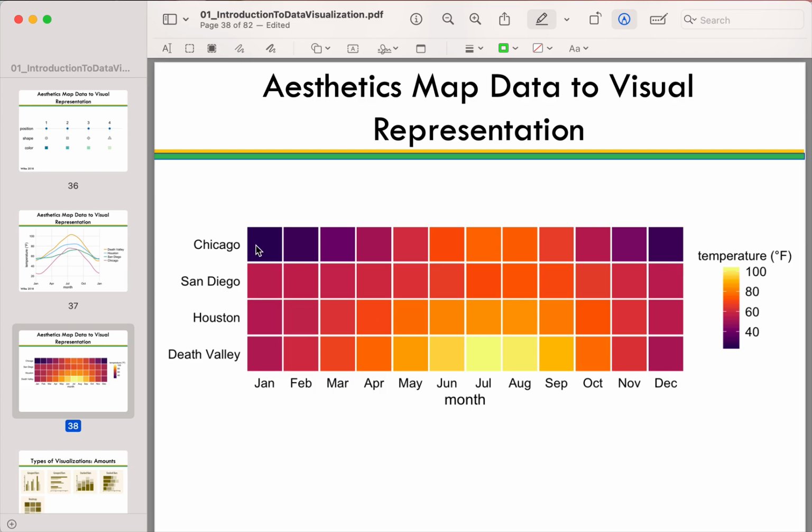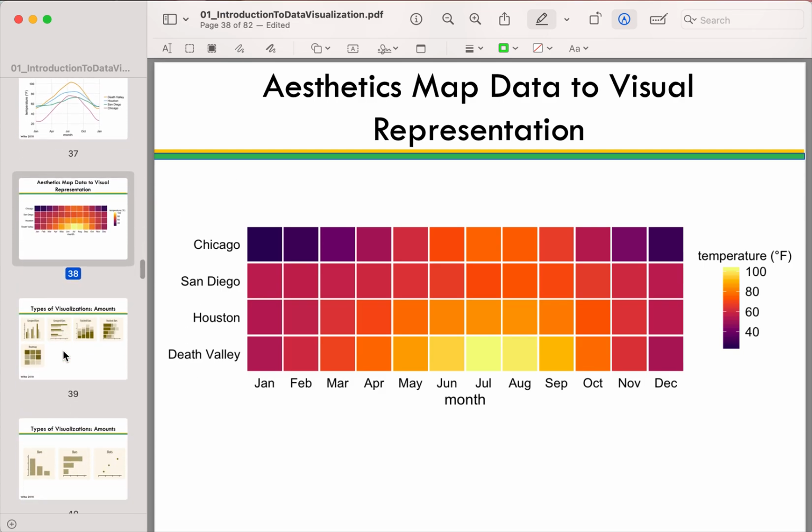This is also showing the temperatures in particular cities, as you can see Chicago on the top, and then it's more cool, so that's where you see the bluish or violet colors. And then we have California Death Valley, which is the hottest place in the world, where we have more of orange and yellow colors, where the yellow is nearly 100 degrees in temperature.